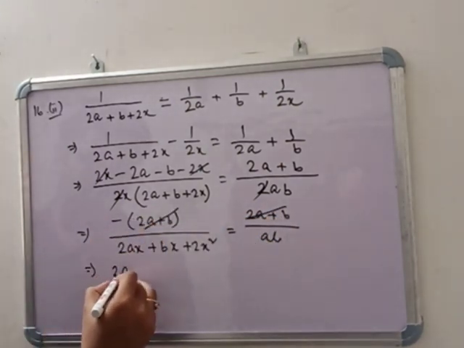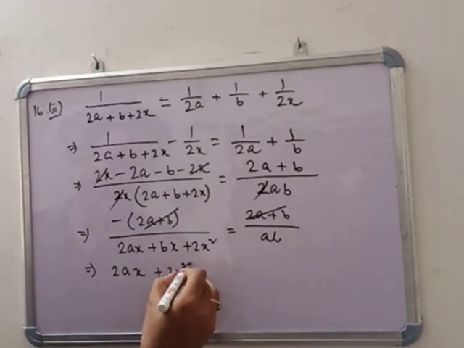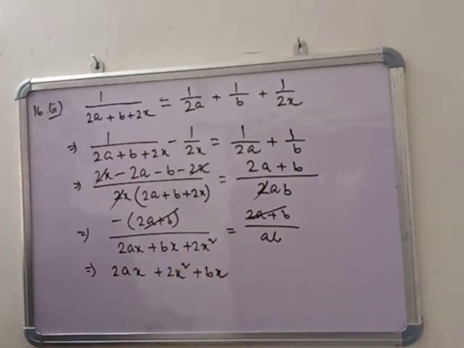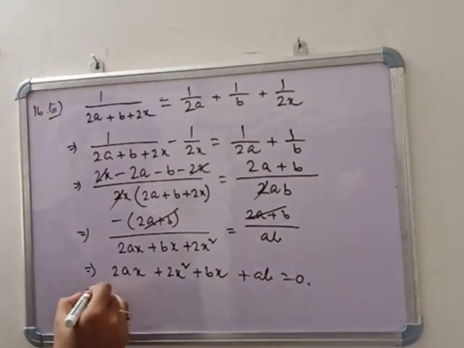So now we can write 2ax plus 2x square plus bx equals minus ab, left hand side plus ab equals 0.